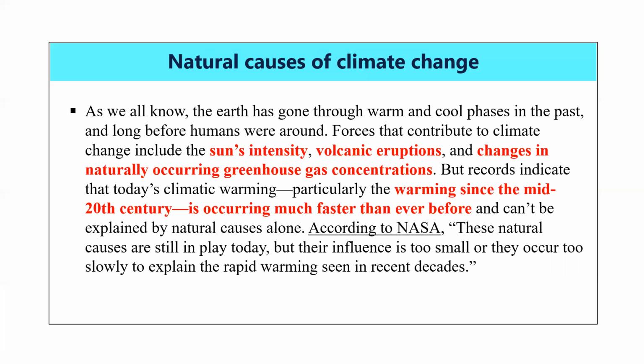But records indicate that today's climatic warming, particularly the warming since the mid-20th century, is occurring much faster than ever before. In other words, we already have the natural causes, and these are further triggered by the industrial revolution. And it is now a challenge.